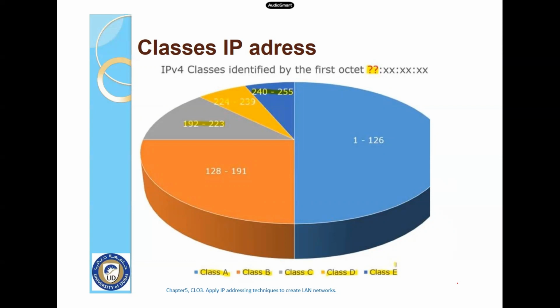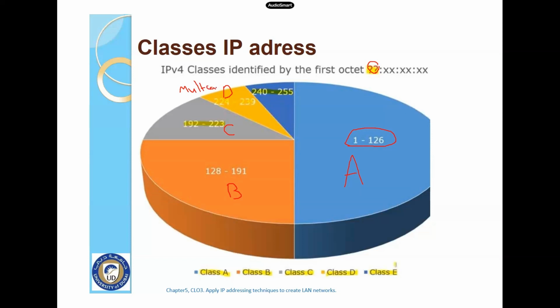So for example, if the value of your first octet ranges from 1 to 126, that's what we call class A. If it ranges from 128 to 191, that is class B. 192 to 223, that is class C. 224 to 239, that is class D, and it's reserved for multicast, if you guys remember that range we talked about.